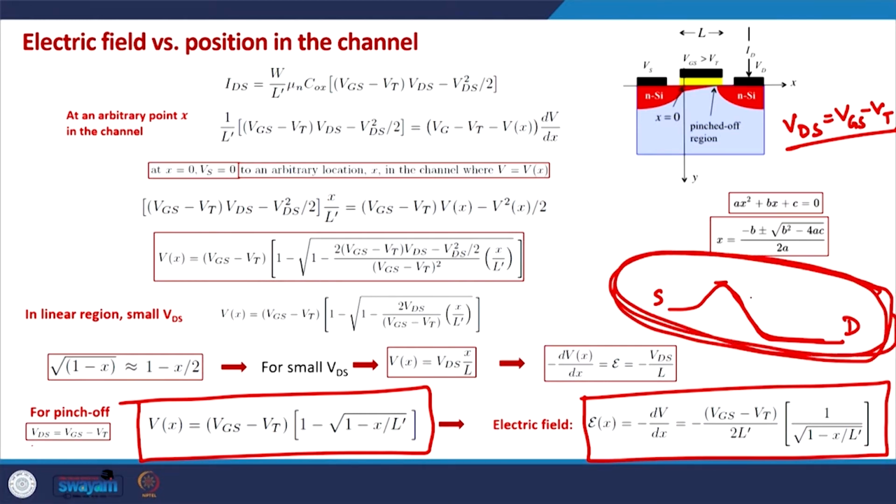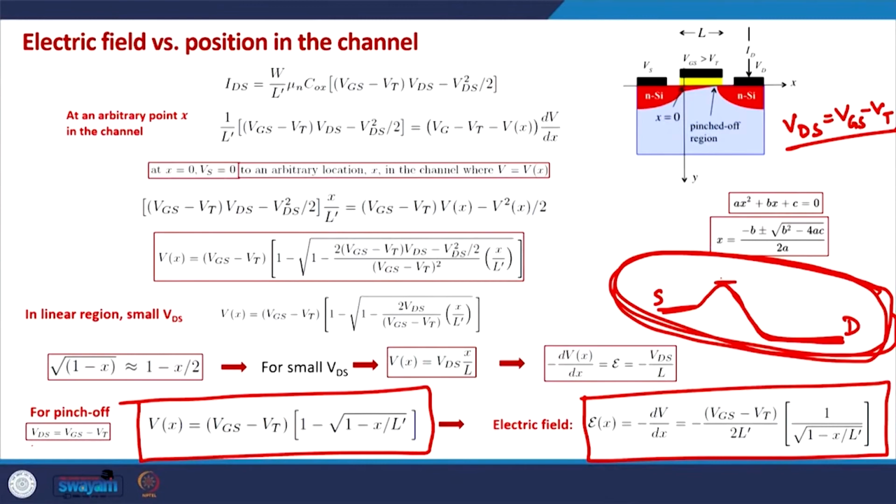This is the energy landscape in the MOSFET in the channel, starting from the source to the drain side. In this case, a drain voltage has been applied, so that's why the source and drain conduction band energy levels are non-aligned with each other, far apart from each other, and this height can be controlled by the gate voltage.